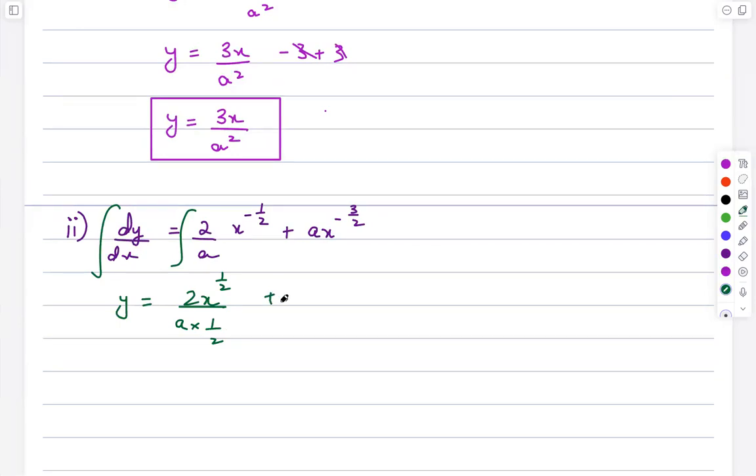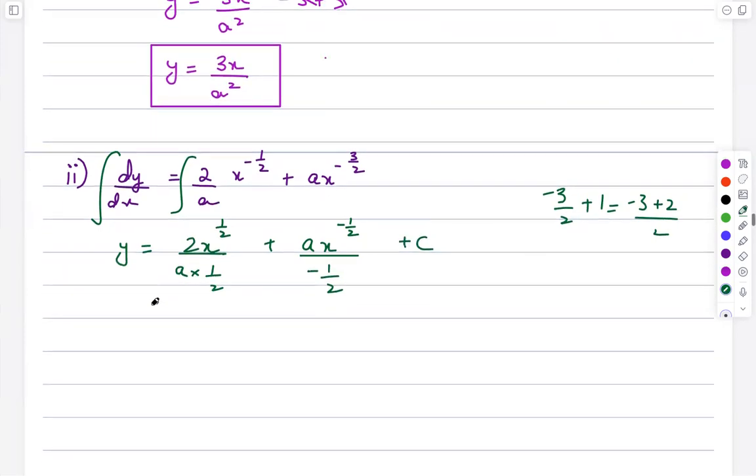Increasing minus 3/2 by 1, that will become minus 3 plus 2 upon 2, which is minus 1/2. And we'll divide by the new power, minus 1/2, and add a constant.